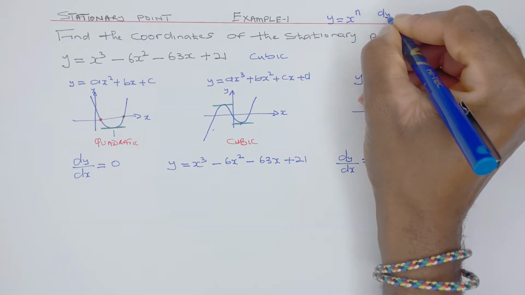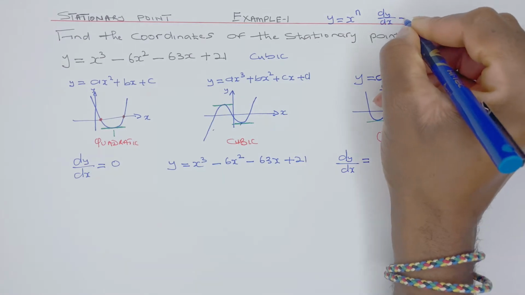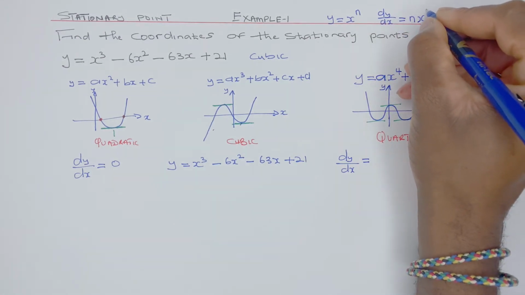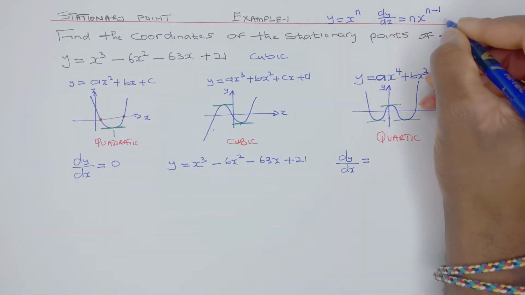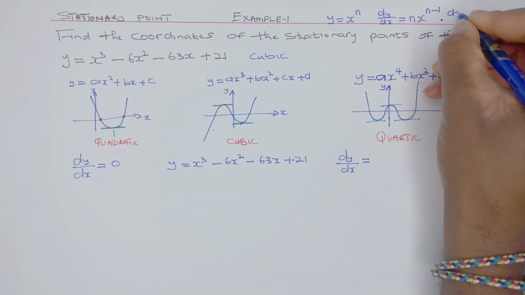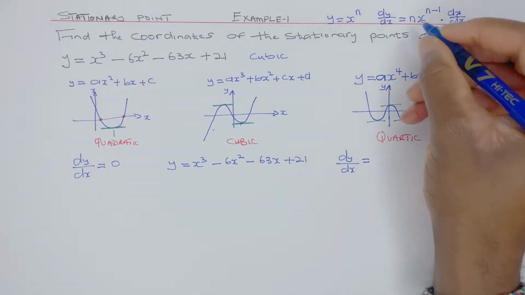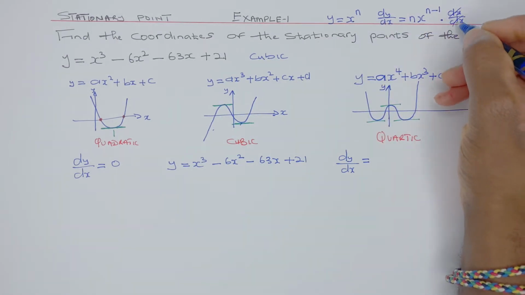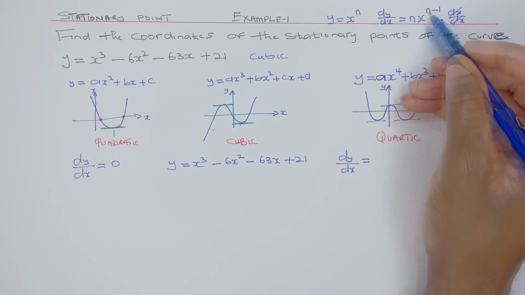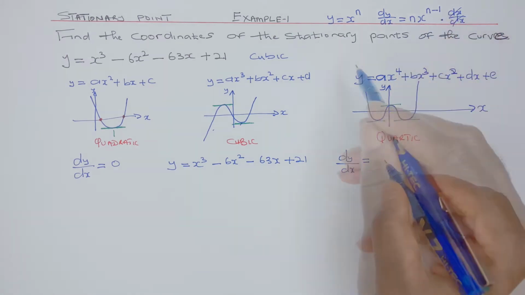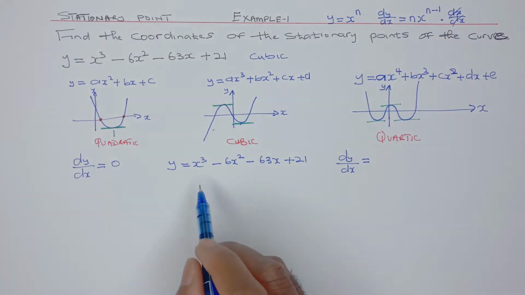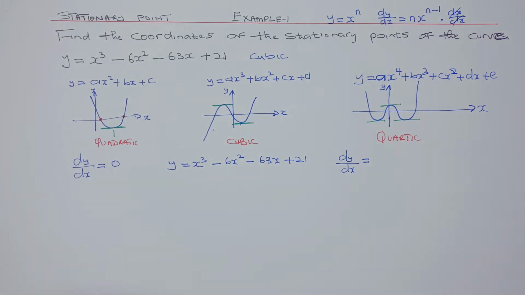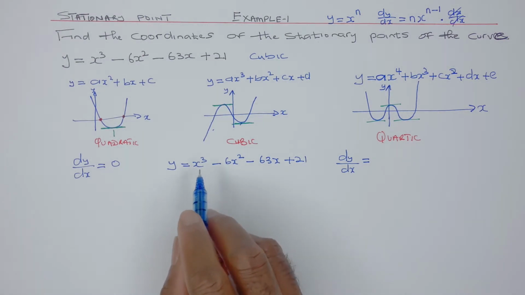Then dy/dx will be equal to n x to the power n minus 1 times dx/dx, because this is x here. The dx cancel, that's just 1. So you just get n x to the power n minus 1. That's what we're using, but we've got 4 terms here: 1, 2, 3, 4. So we have to differentiate term by term.